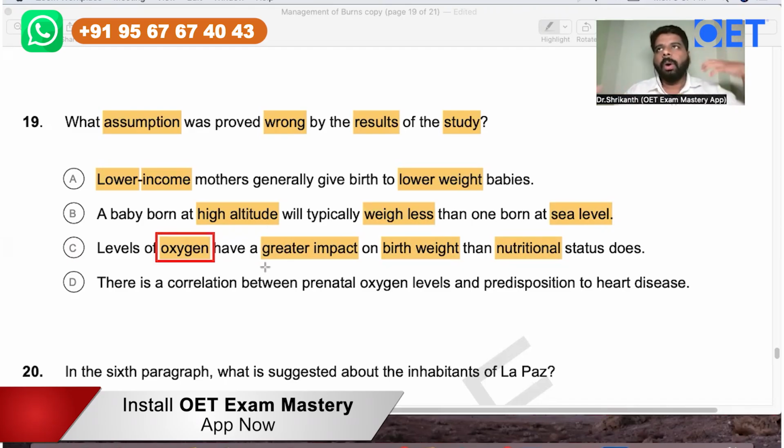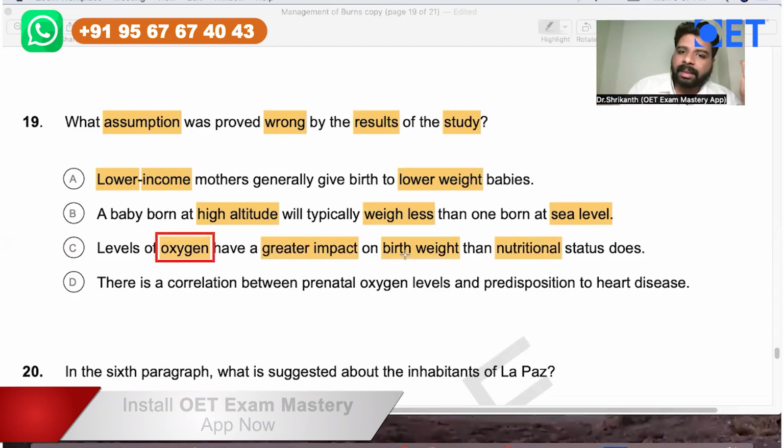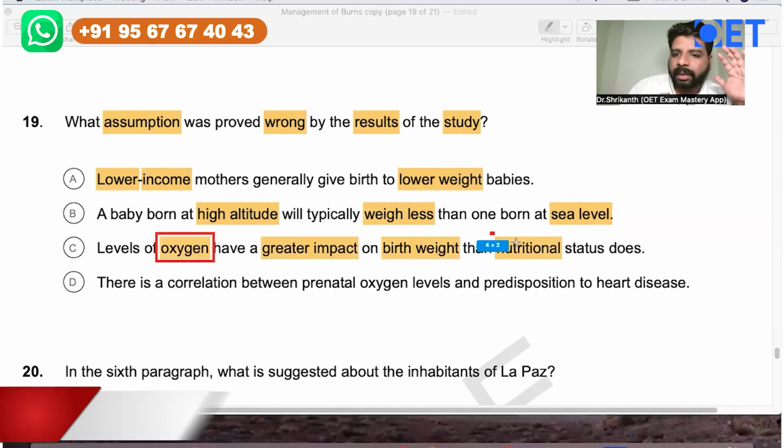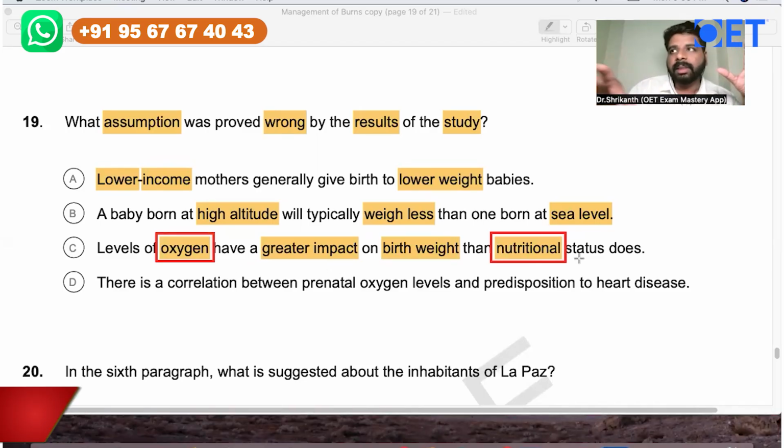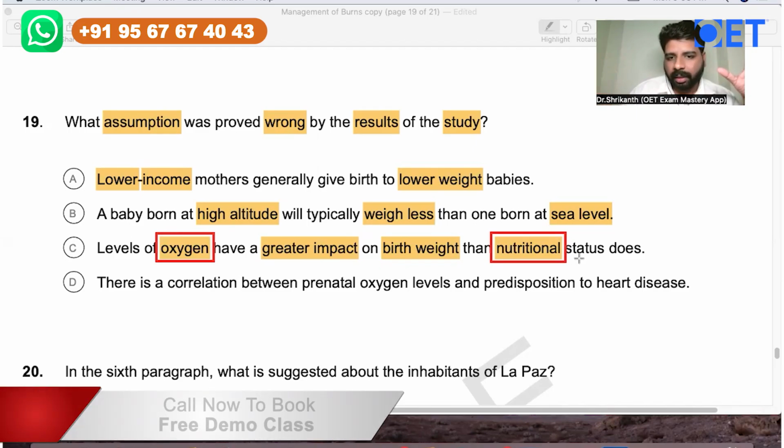As we go up, oxygen availability is less. So the level of oxygen has a greater impact on birth weight than nutritional status. Here they are telling us oxygen is more important than the nutrition received by a baby in the womb for birth weight.